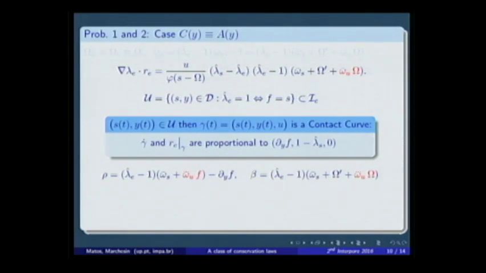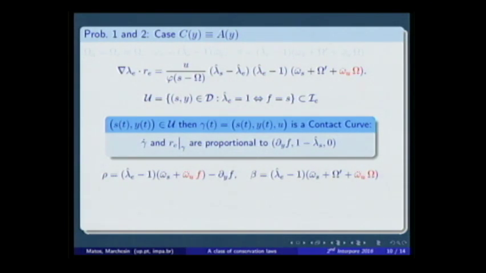As I showed before, in beta we can put this term multiplying something, and here we can do that because we have this other term.